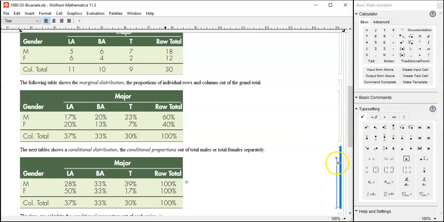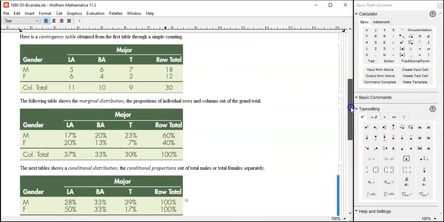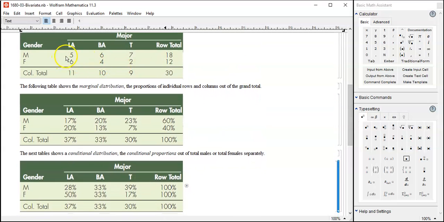Over here, that total 18 men. So we are looking at just the condition of men only. Then under that condition, the total is 18, not 30.